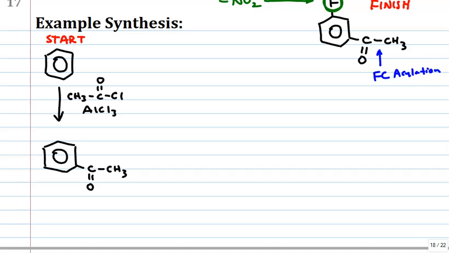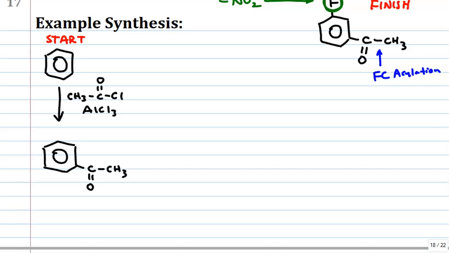The good thing here is the fluoro is meta to the acyl group. So we're going to need to put the nitro group meta to the acyl group. And that is very much in our favor because this carbonyl, this acyl group, is an electron withdrawing group.